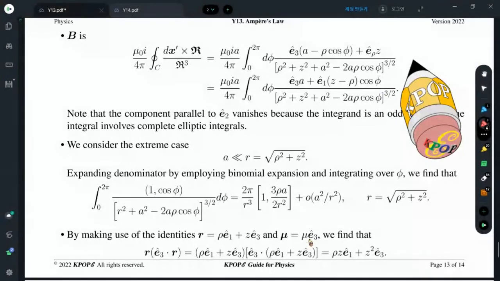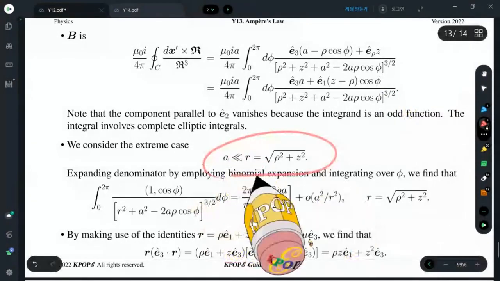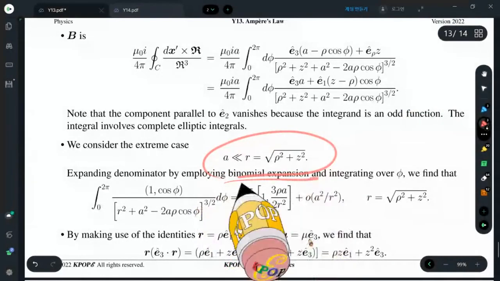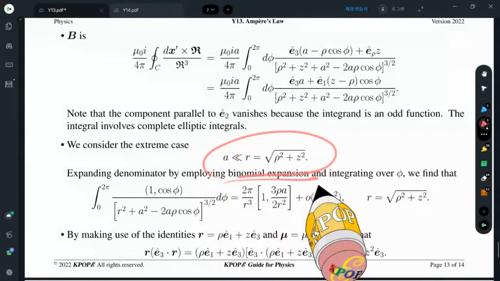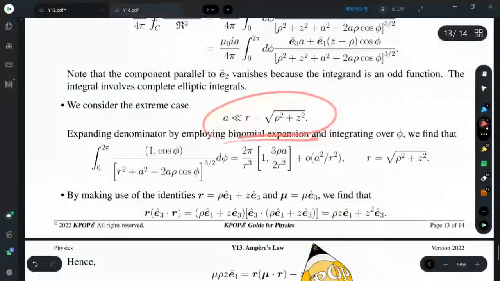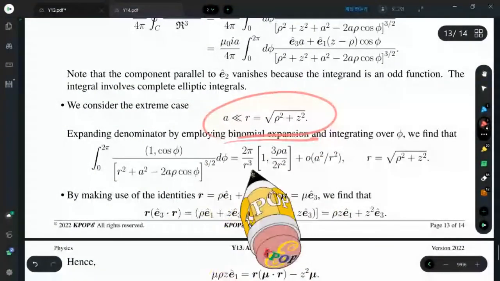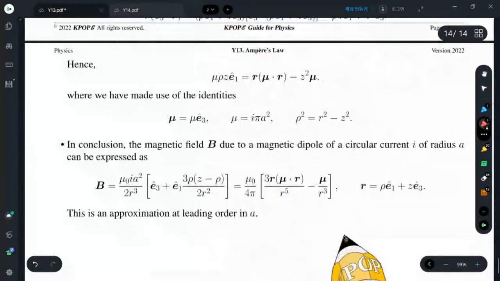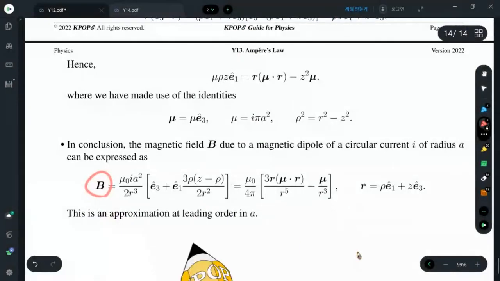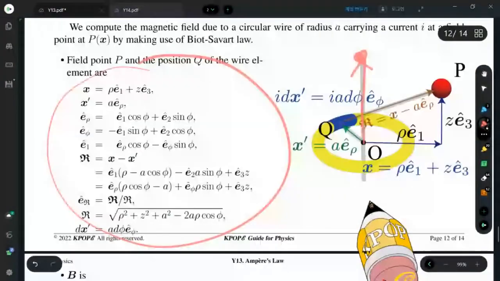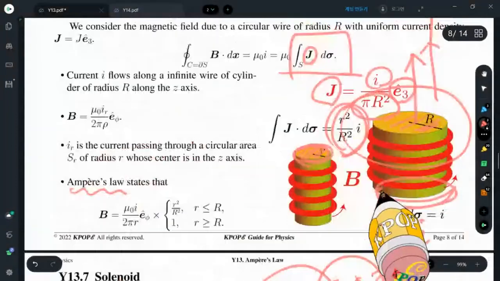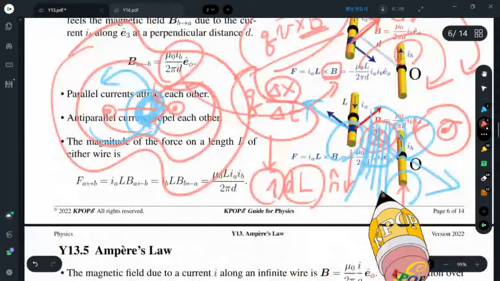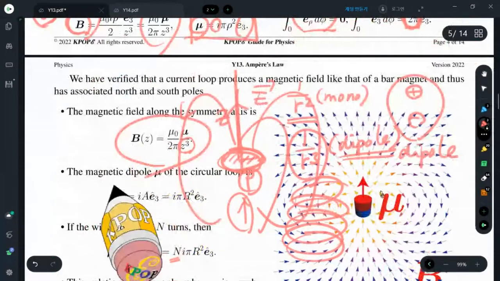However, we know how to simplify this using the binomial expansion that was not developed by a mathematician, but developed by Newton. And following Newton's way, we can compute this integral order by order.